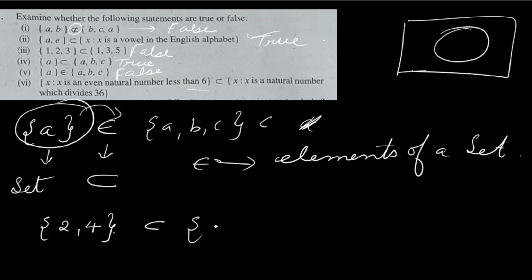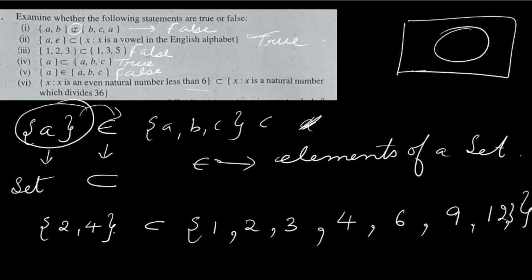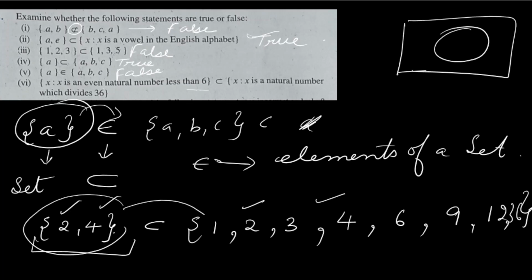So x is a natural number which divides 36: 1, 2, 3, 4, then 6, 9, 12, then 36. So these are the numbers which divide 36. Here we can see 2 is contained in both the sets and 4 is contained in both the sets. The first set is a smaller set, which means this set is a subset of this set. Hence this is also true.